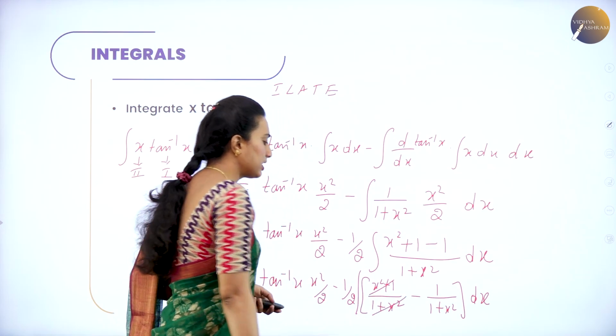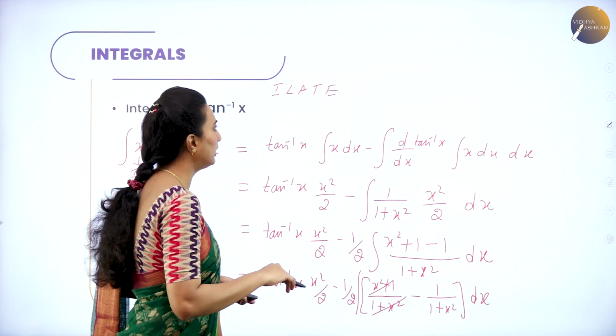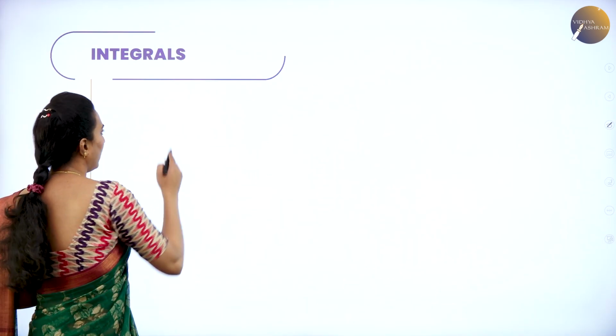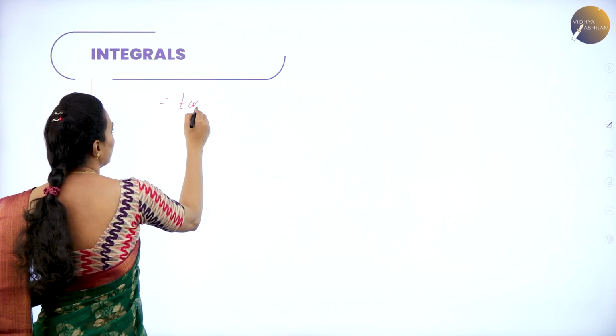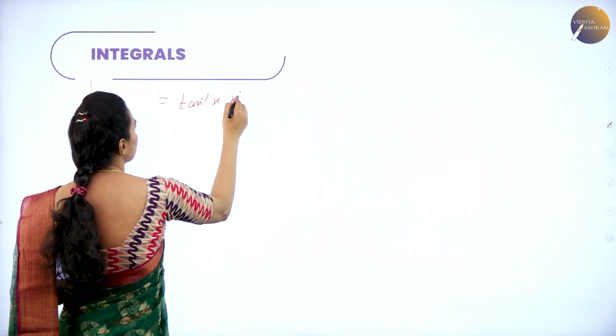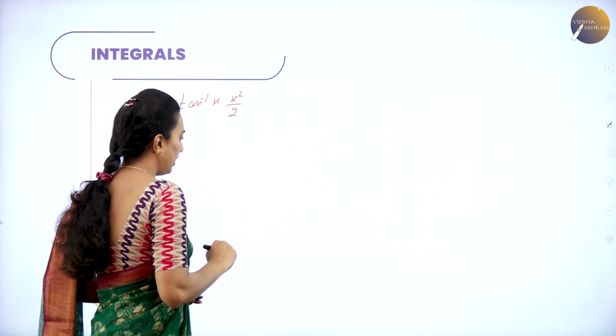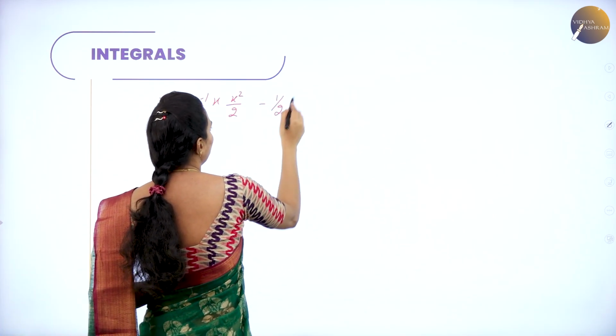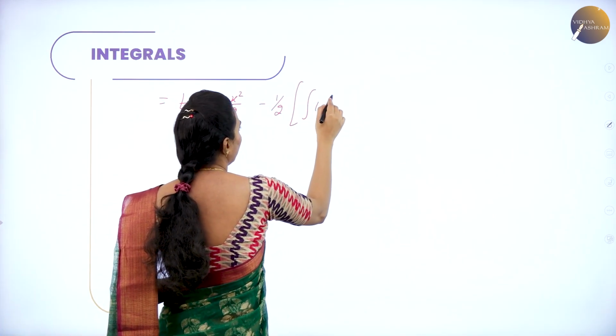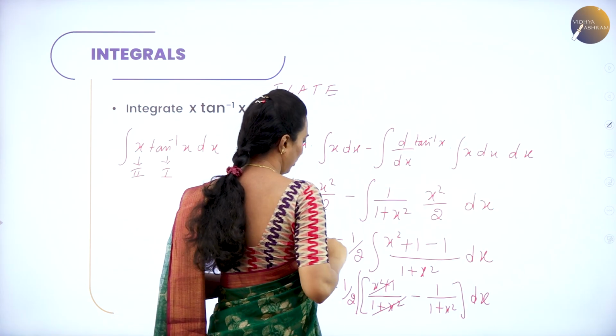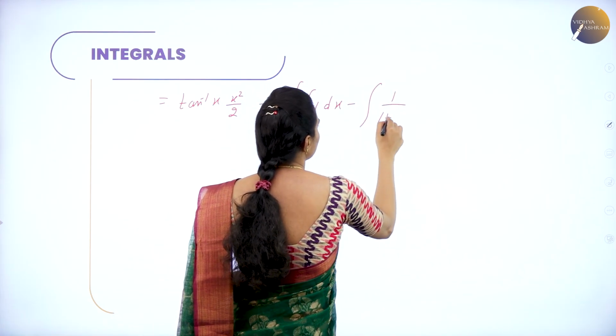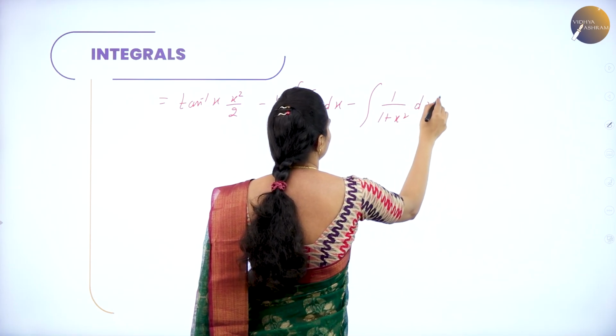Now this will get cancelled, 1 is remaining and separating the integral. So what happens to the function? Now you are having, which implies tan inverse of x into x squared divided by 2 minus 1 by 2 into, open the bracket, integral of 1 into dx minus integral of 1 by 1 plus x squared into dx.